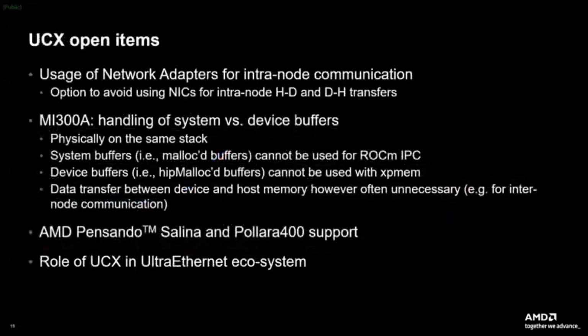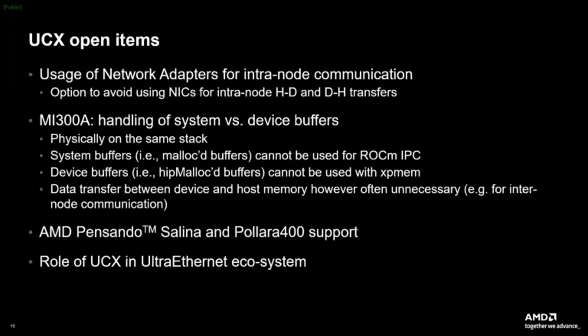All right. So a couple of things that we wanted to tackle potentially in the near future, and some of these are more like open questions. One of the things that we have noticed is that on some of these platforms, the NIC is getting involved even in intra-node traffic, for example host-to-device and device-to-host transfers, which performance-wise is the right decision.